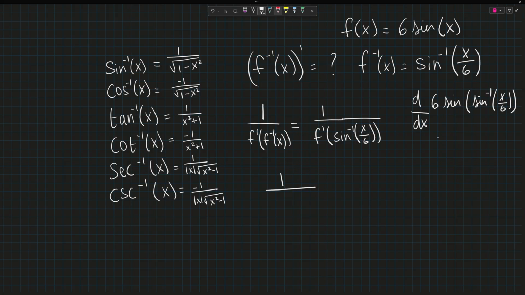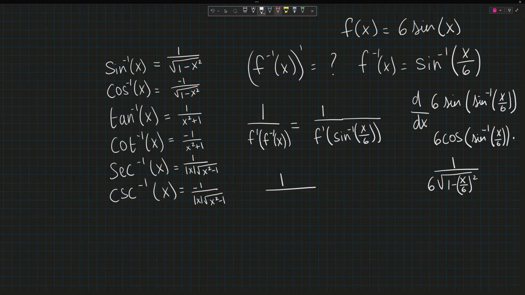Okay, so that means I have to get 6 cosine and keep the sine inverse inside it, x over 6. And then multiply that by whatever we got before, 1 divided by square root of 1 minus x over 6 squared, or 6 times square root of 1 minus x over 6 squared.